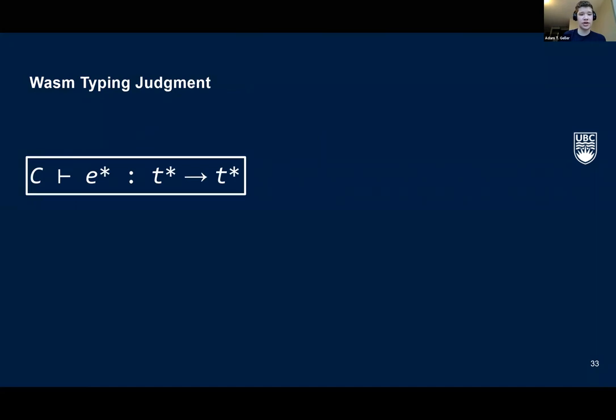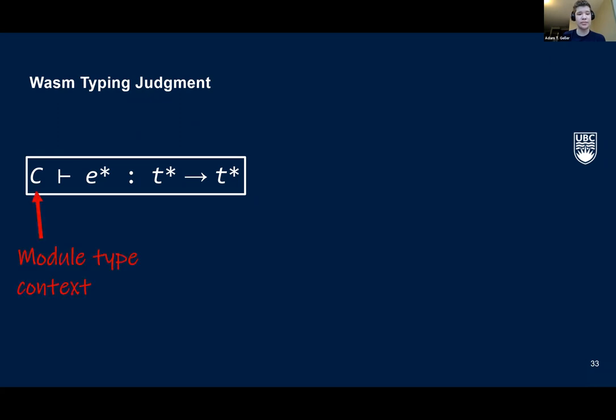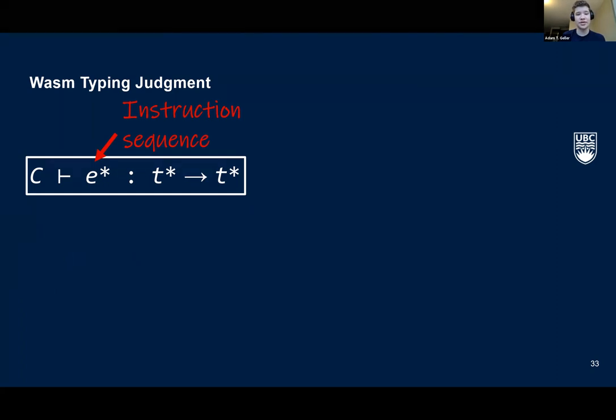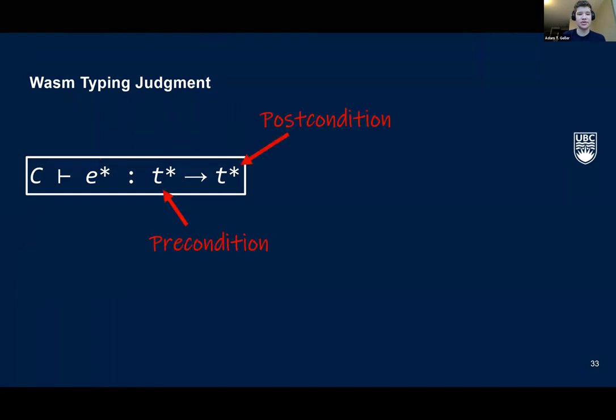And we can look at the WebAssembly typing judgment so that we can see how the typing rules work. What this says is that under the module type context C, which stores information relating to the types of functions, the types of globals, the size of the table and the size of memory, the instruction sequence E star has the type t star to t star, and this type is a pre and post condition.